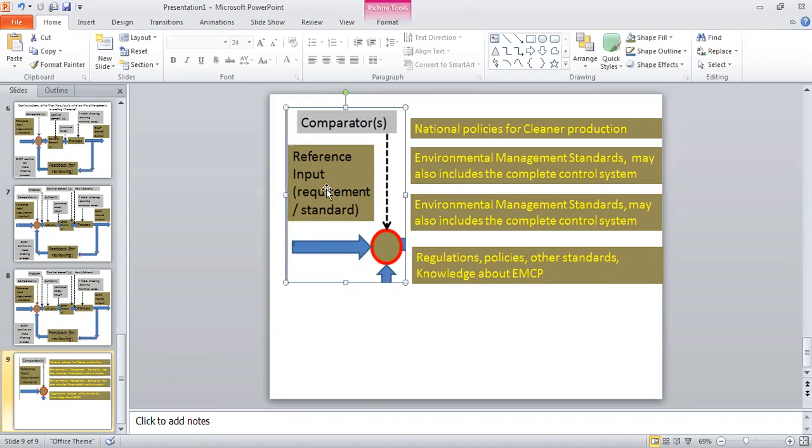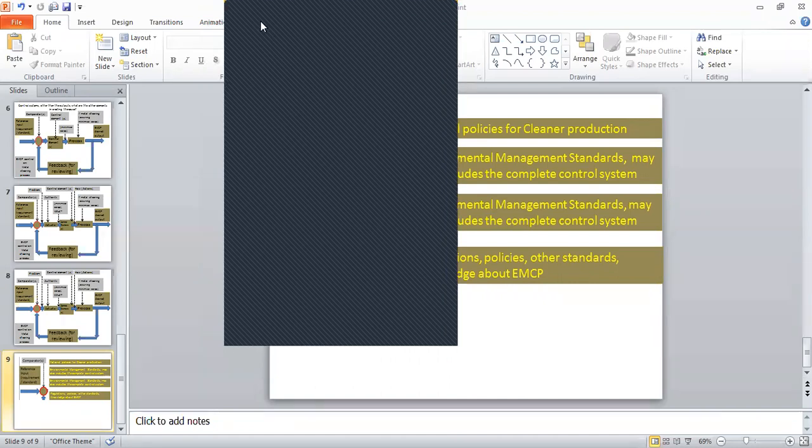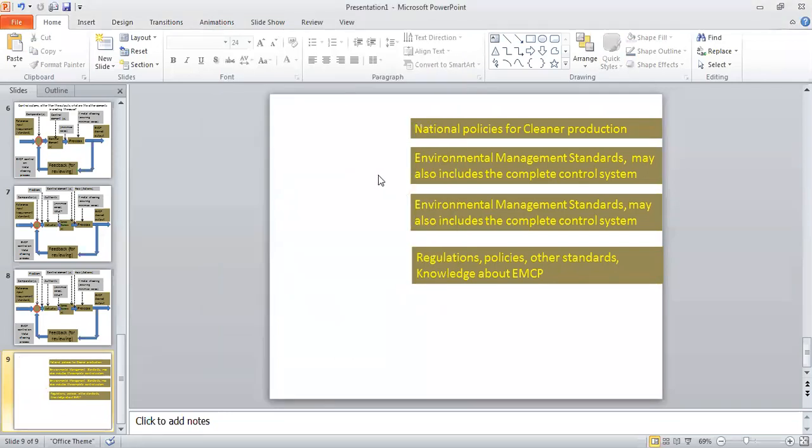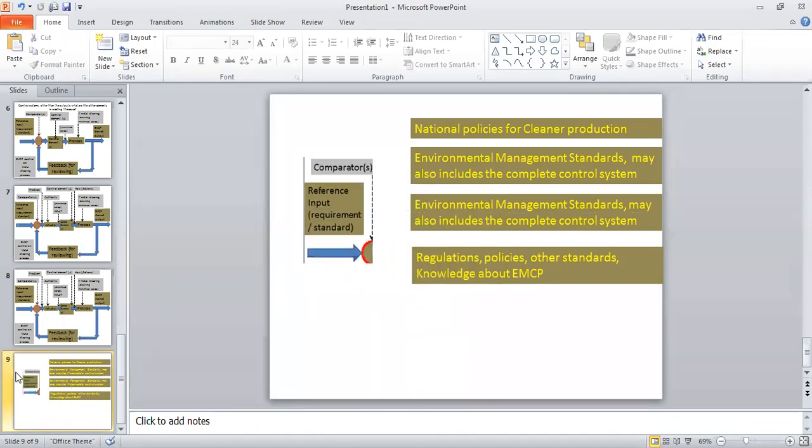So reference inputs, I think I will make it some more, on part of that. So let's move forward.